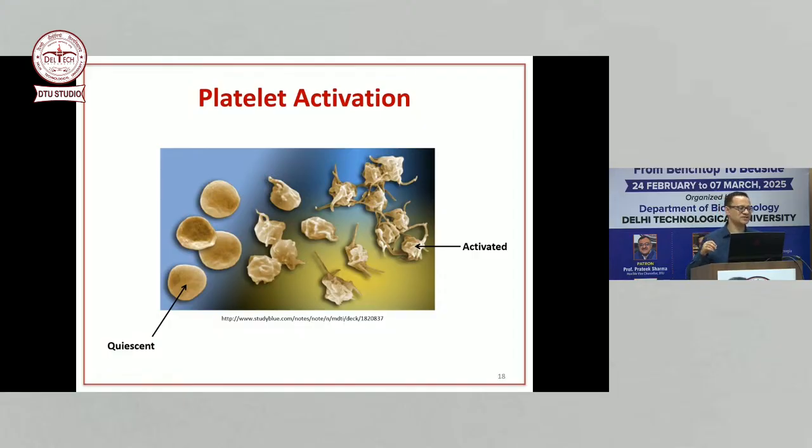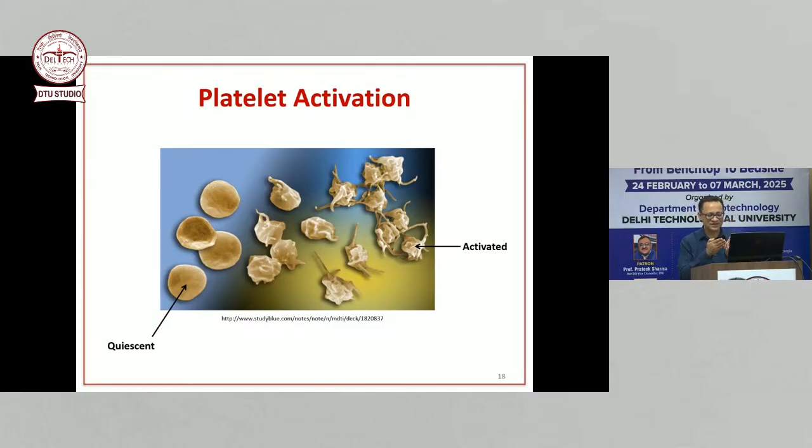When you have a foreign material, either blood coming outside in tubing, or you're putting in a catheter or medical device, blood sees that foreign surface, starts sticking to it, and gets activated. It grabs the surface with all these little legs, and starts releasing certain chemicals to tell other platelets to come and help them aggregate and clot even more. That's very smart of the body, right?